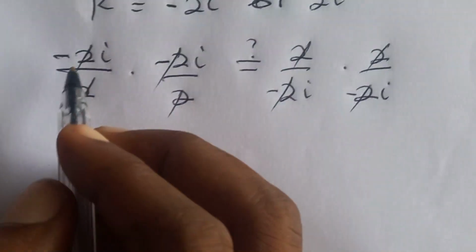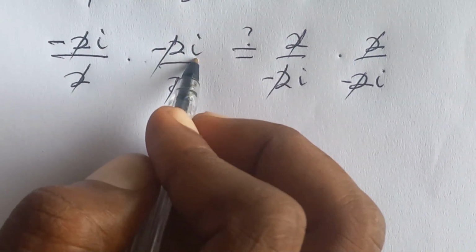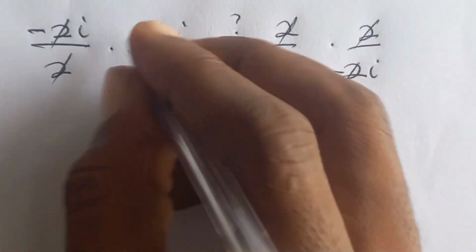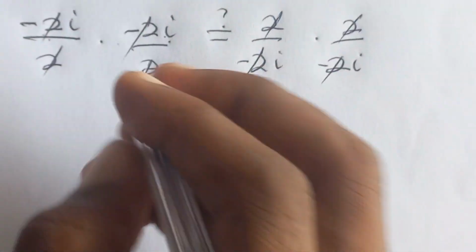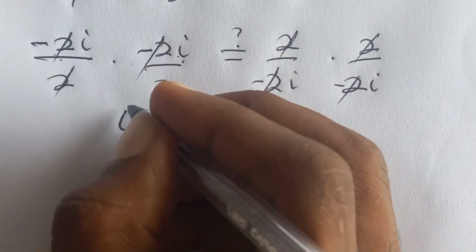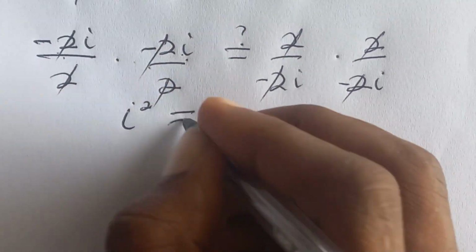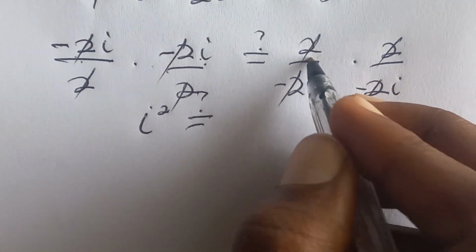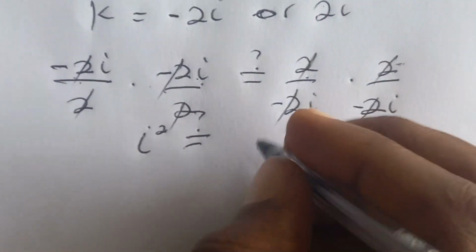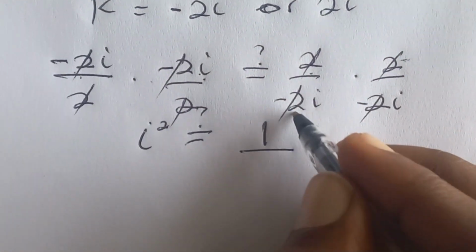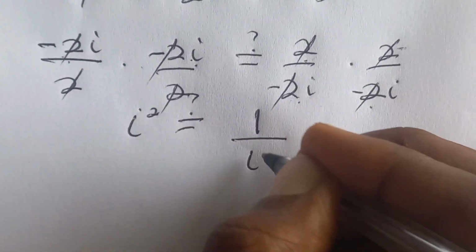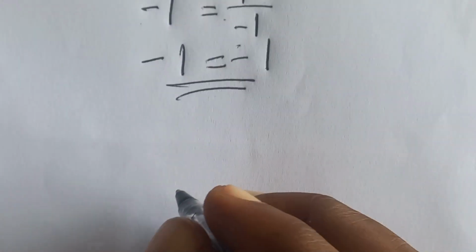Now we have negative i times negative i, which is i squared. Now it's left with the positive 2i.